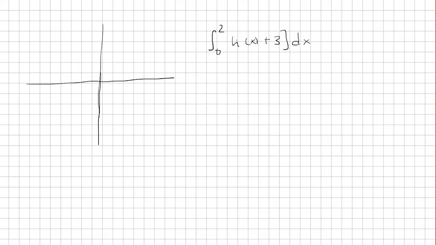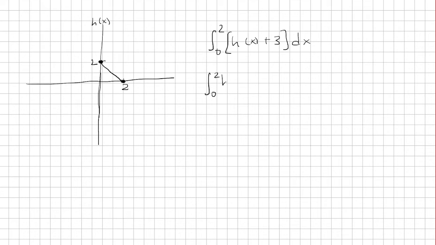So I'm only going to graph from 0 to 2 because it doesn't make sense to graph everything else. So at x equals 0, it's y equals 2. At x equals 2, it's y equals 0. So you just have a line like that. Okay, so this is our h of x.